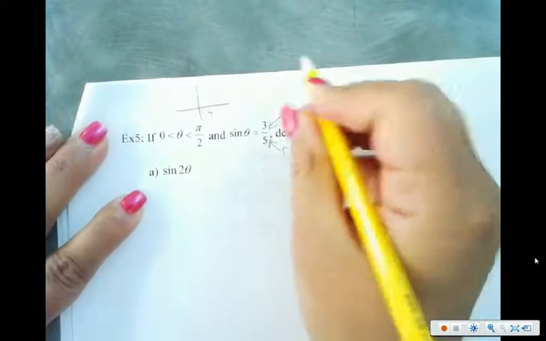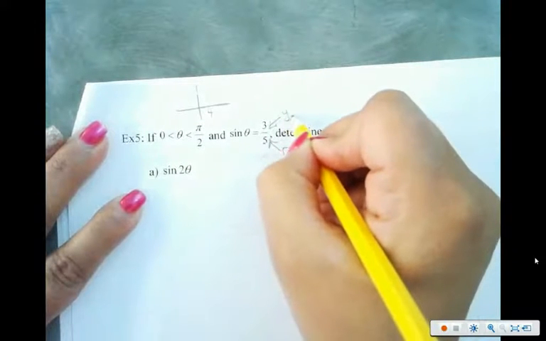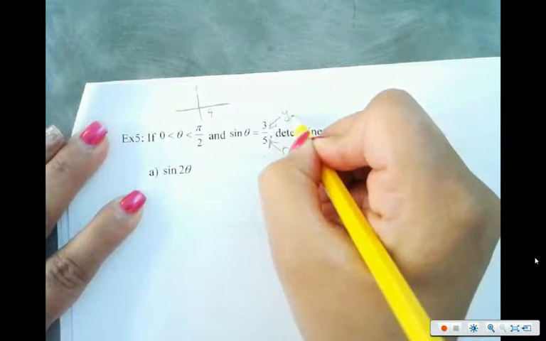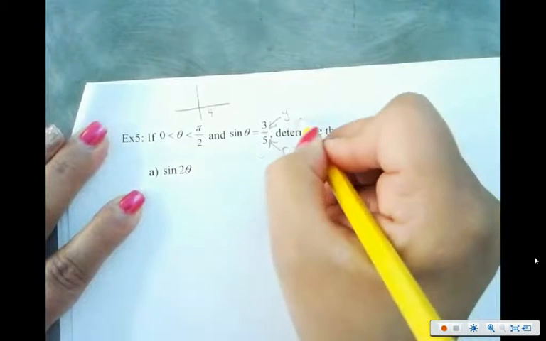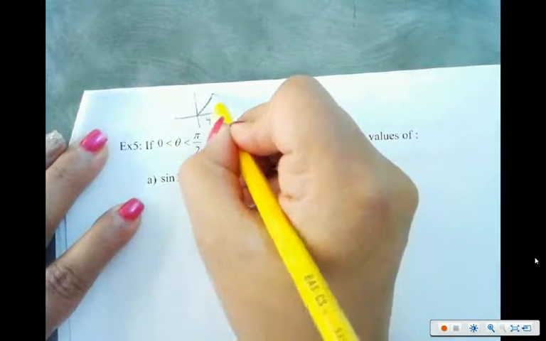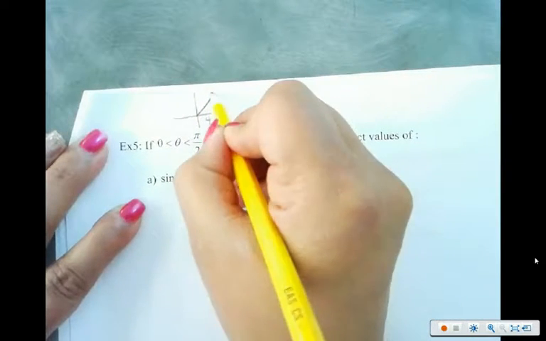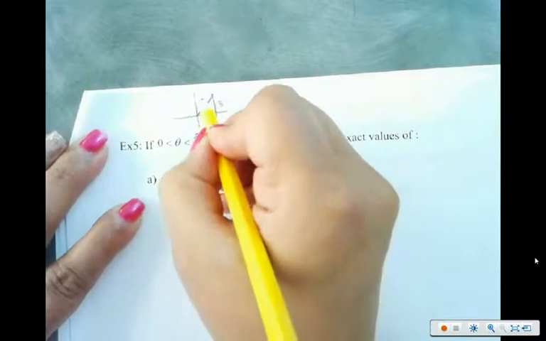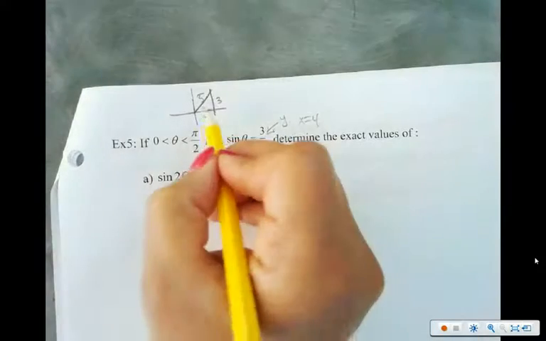This is r, this is y. So what is x? X is 4. Go up, that's 3, and that's 5. I'm working in the first quadrant. Where's theta? Theta's right there. That's my reference angle. Okay, determine the sine of 2 theta.